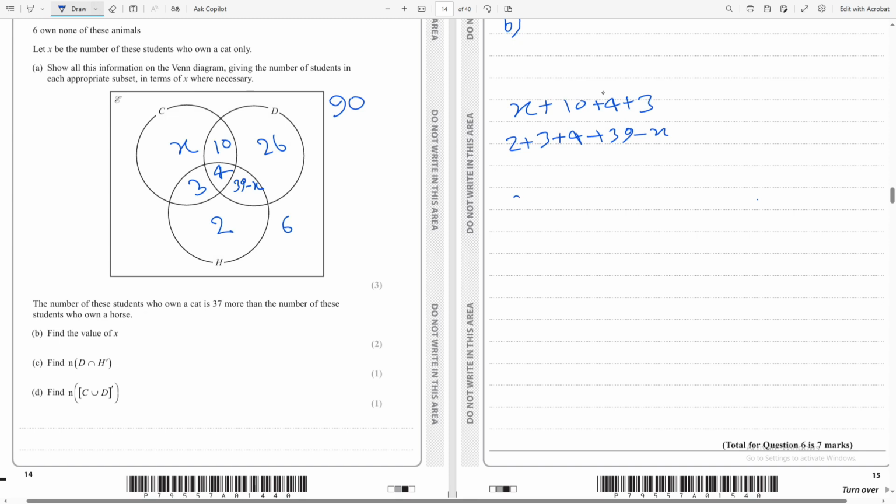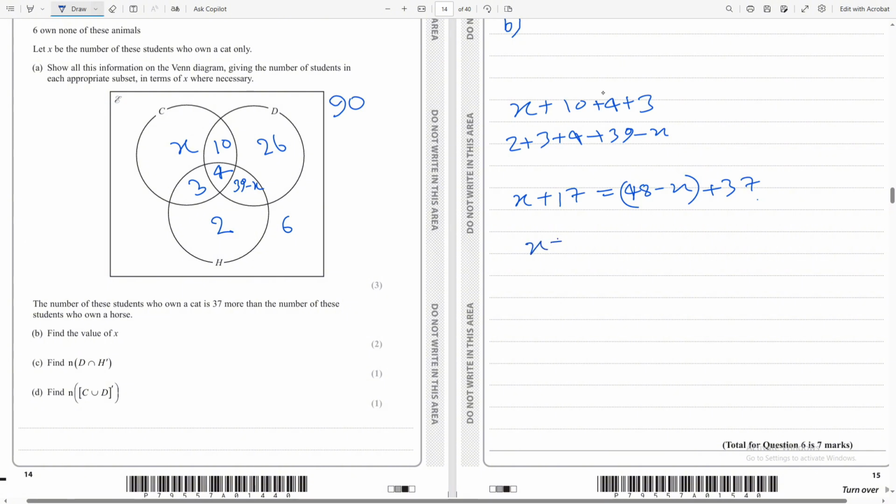So x plus 17 equals 48 minus x. But we need to add 37 here to make them equal, as this number is greater than this number by 37.